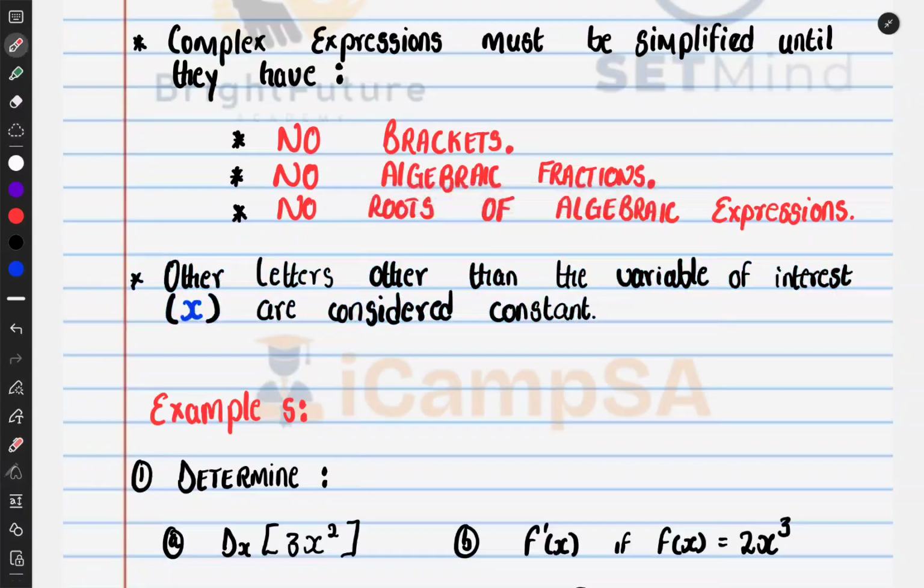Maybe I can quickly write what I mean here. Let's say you are given an expression which is mx squared plus px plus 3. These m and p are treated as constants, or are considered to be constants.